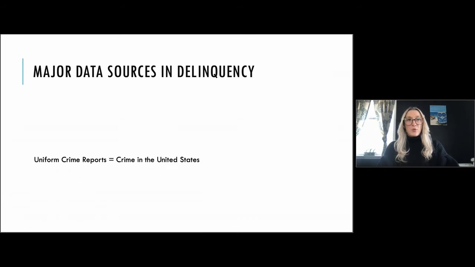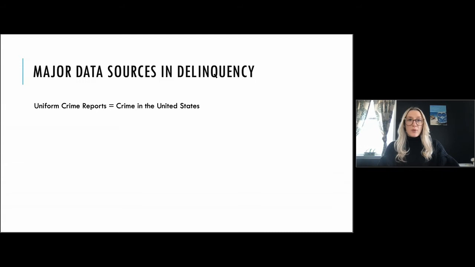First is the Uniform Crime Reports, now called Crime in the United States. So this is collated by the Federal Bureau of Investigation, and it's official crime statistics that we've been collecting since 1930. It is our primary source of knowledge on crime stats, and police departments across the nation report their data to the UCR.